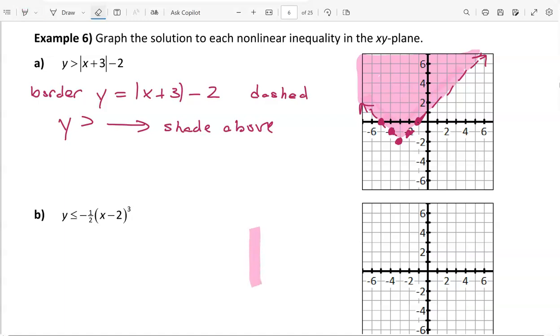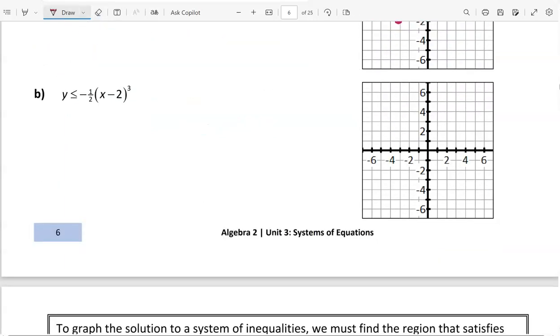Let's take a look at example 6b. For example 6b, our border line is y is equal to -1/2 times (x minus 2) cubed. Our new origin is the point (2, 0).